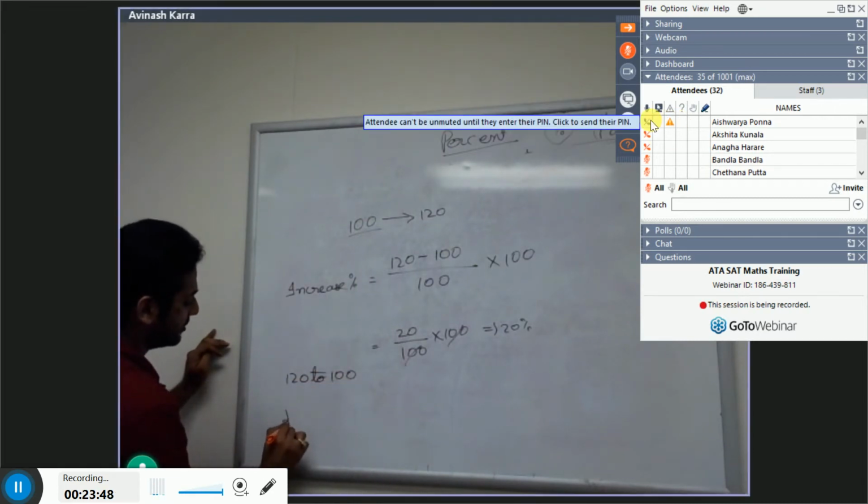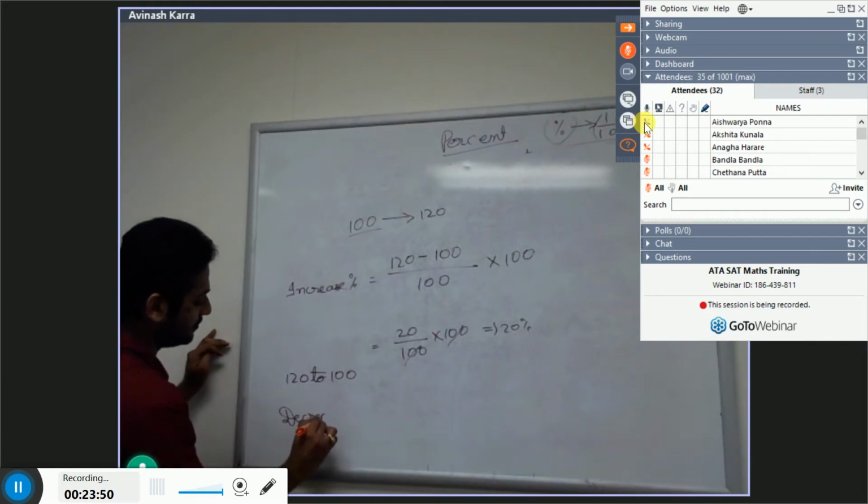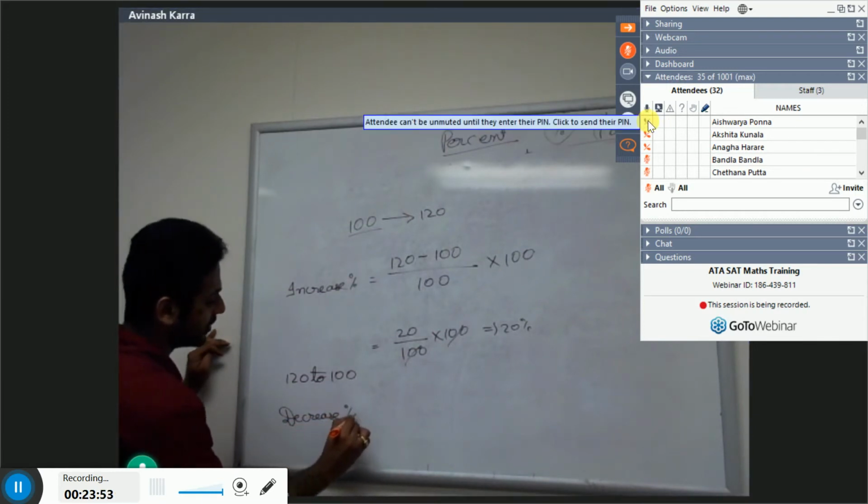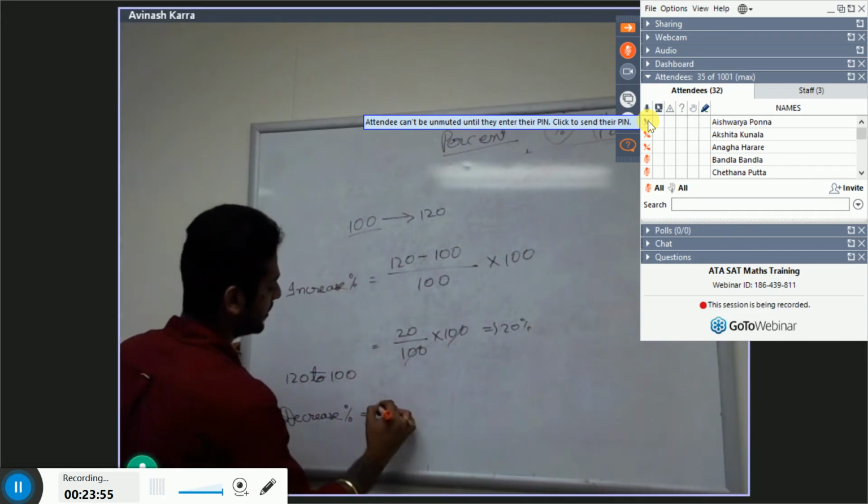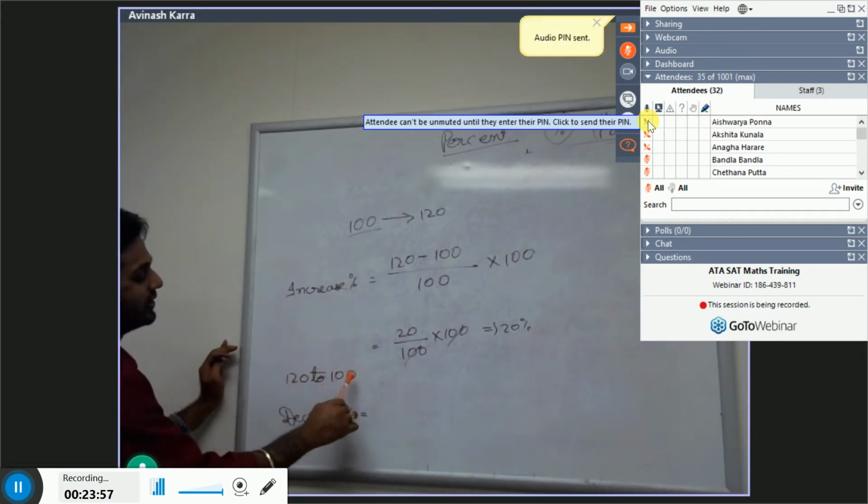In the same way, if a number decreased from 120 to 100, the decrease percentage is equal to, what is the difference, 120 to 100.